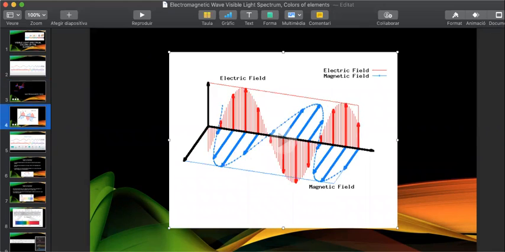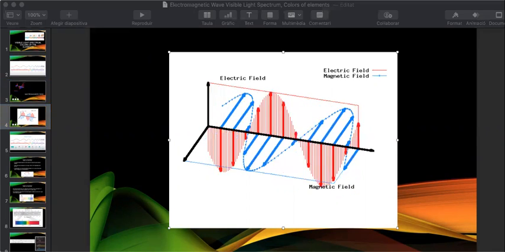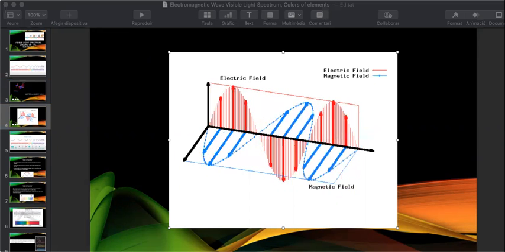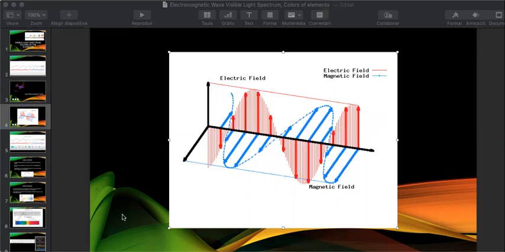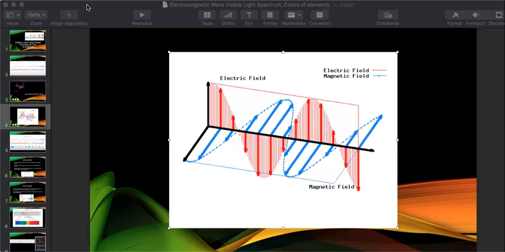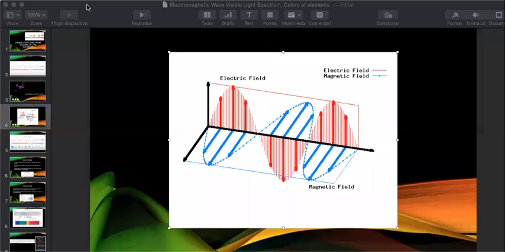To understand current atomic theory, you need to know about electromagnetic radiation, also called electromagnetic energy or radiant energy.